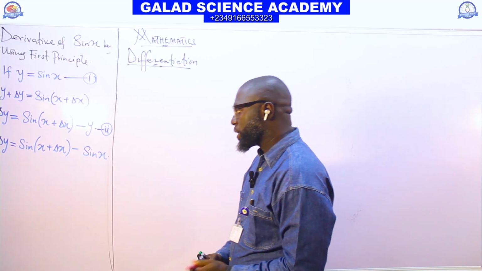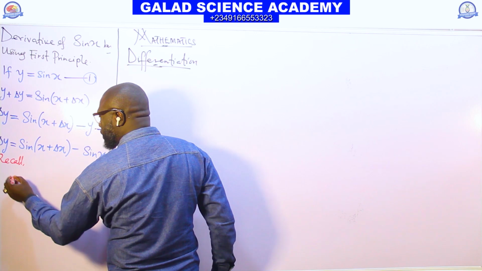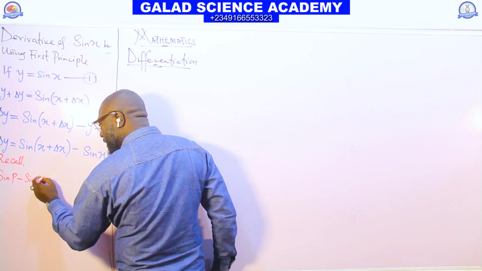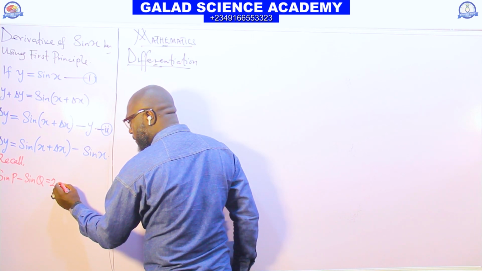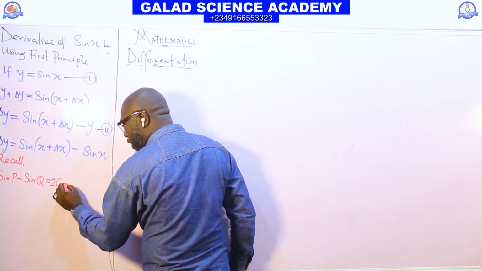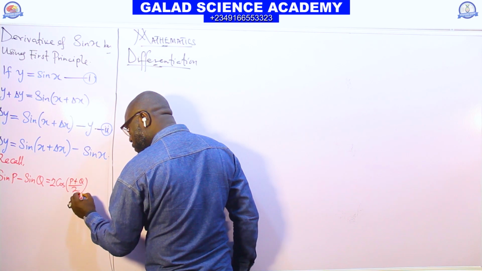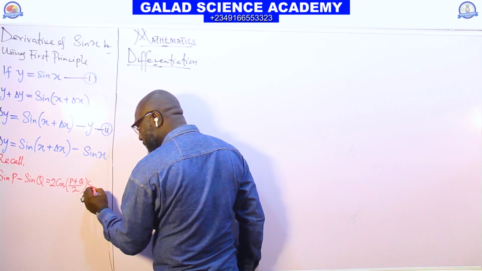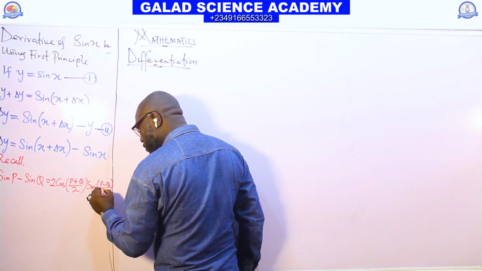From product formula, we can now recall that if we have sine p minus sine q, it will give us 2 cos of p plus q over 2, then sine of p minus q over 2.